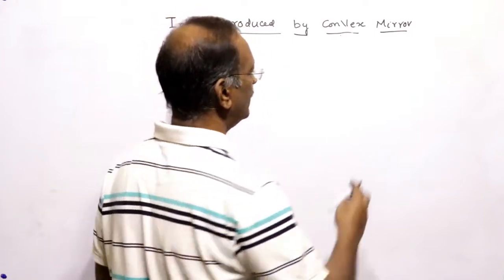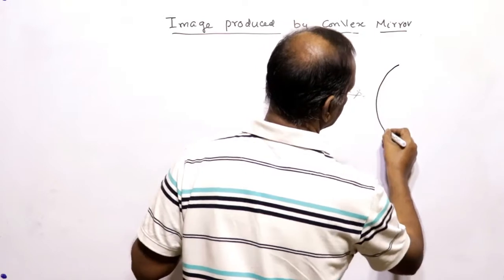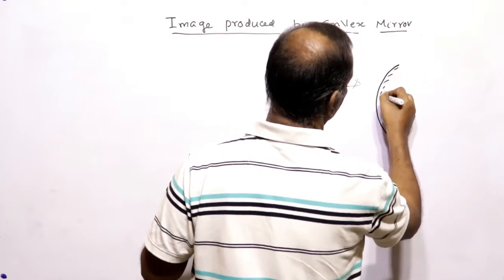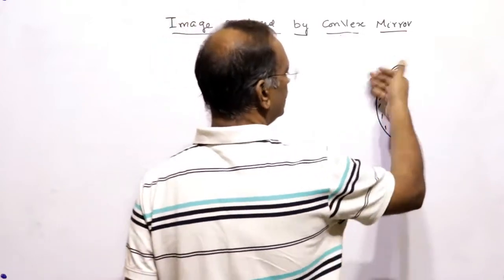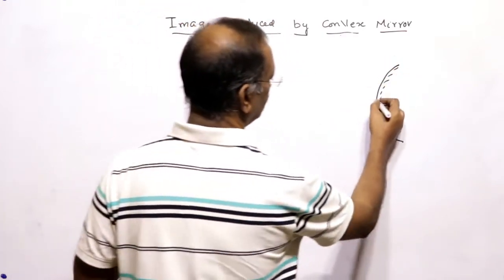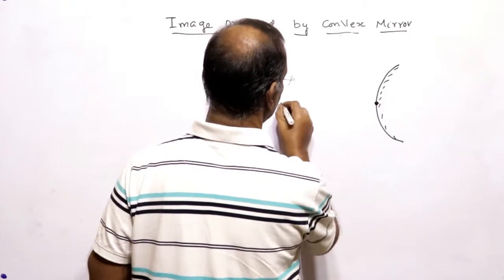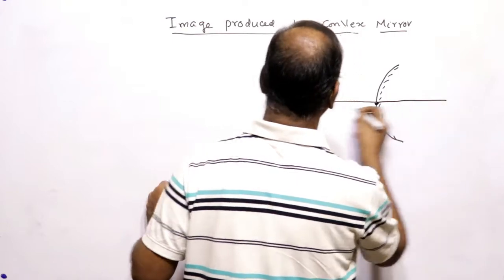We will see how the image is formed using the ray diagram. This is the convex mirror. How to identify a convex mirror? The bulged portion is the reflecting surface, and the depressed portion is polished. This is the pole and this is the principal axis passing through the pole.